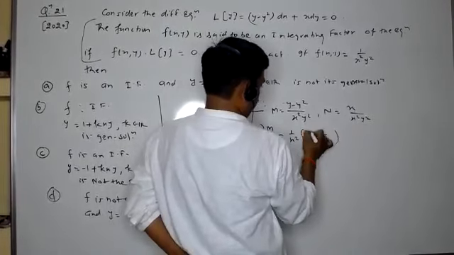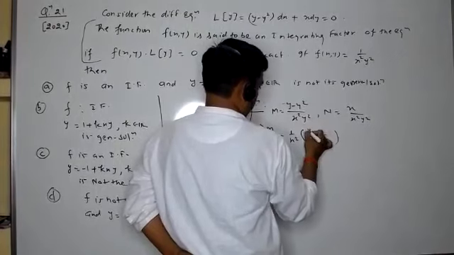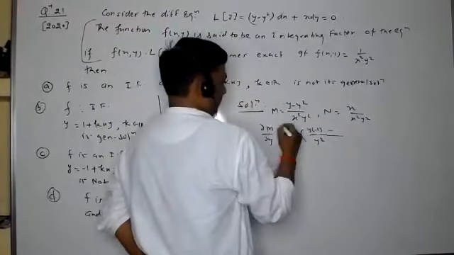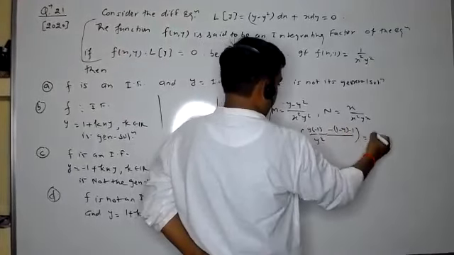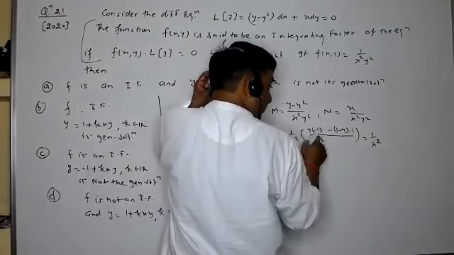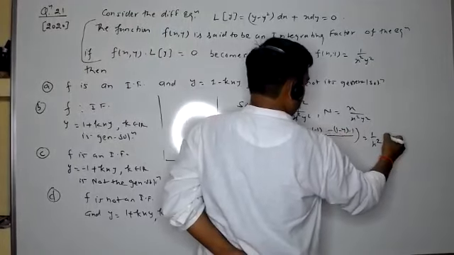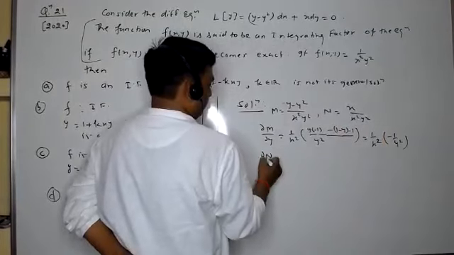So 1 upon y square, that is y into minus 1, minus 1 minus y into 1. So that comes out as 1 upon x square minus y. This plus y got cancelled. So ultimately you got minus 1 upon y square.